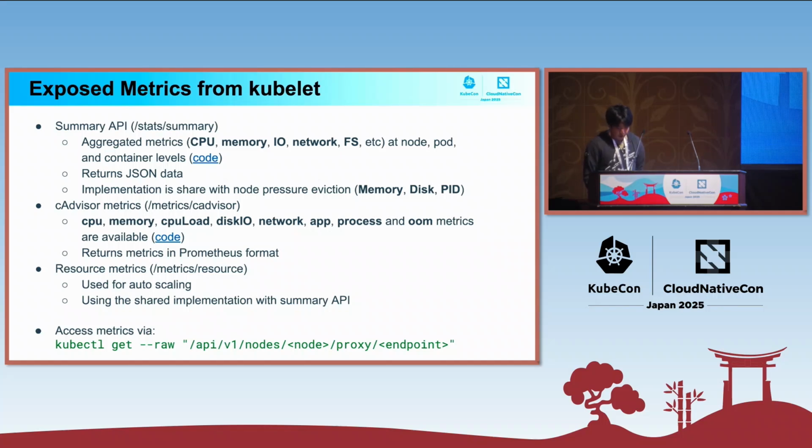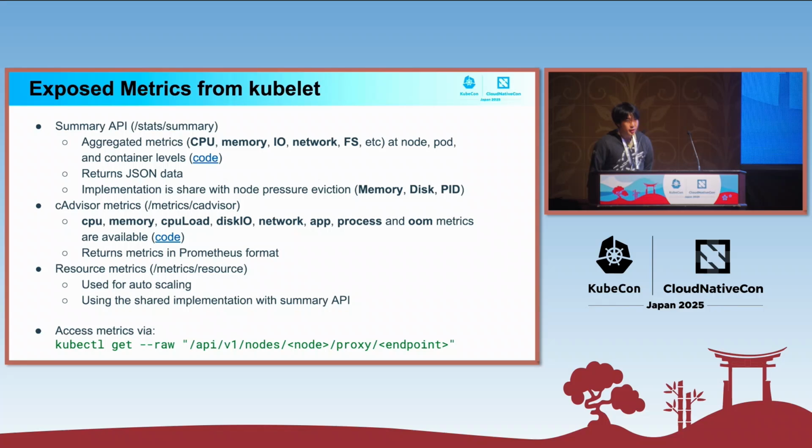Next, we have the cAdvisor metrics endpoint at metrics cAdvisor. This exposes some of cAdvisor's metrics. Unlike the summary API, this endpoint returns metrics in Prometheus format. This endpoint is probably the most familiar one for users. The third endpoint is the resource metrics API at metrics resource. This focuses specifically on pod CPU and memory usage.